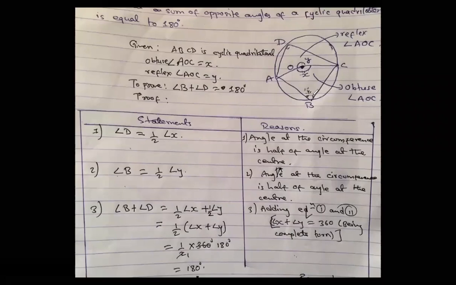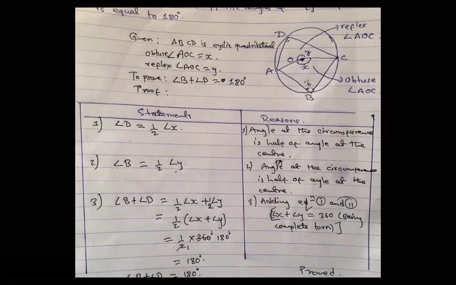Center angle and अर्को circumference angle हेर्ने. So angle B, okay, angle B it is also half in a circumference, that is half of the reflex angle AOC. Reflex angle के छ, y छ, that's why half angle y लिने है. So यो त्यसरी नै लिने.